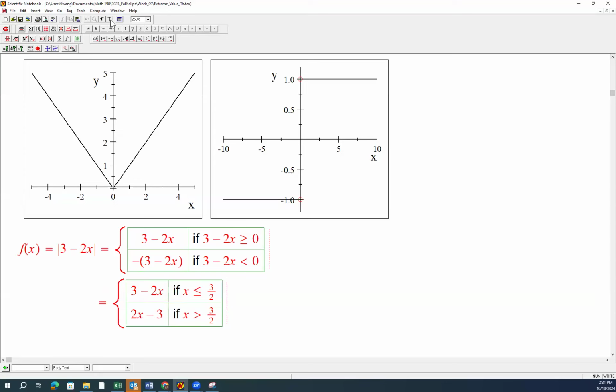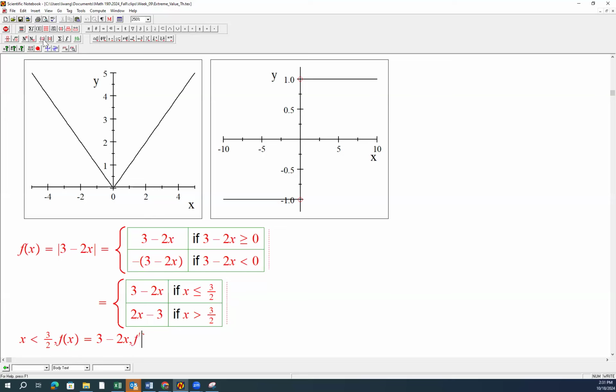When we are looking for the derivative, we need to look at all the points. For x less than 3/2, without the equal, we're going to handle equal later, the function equals this piece, 3 minus 2x. And what's the derivative of it?